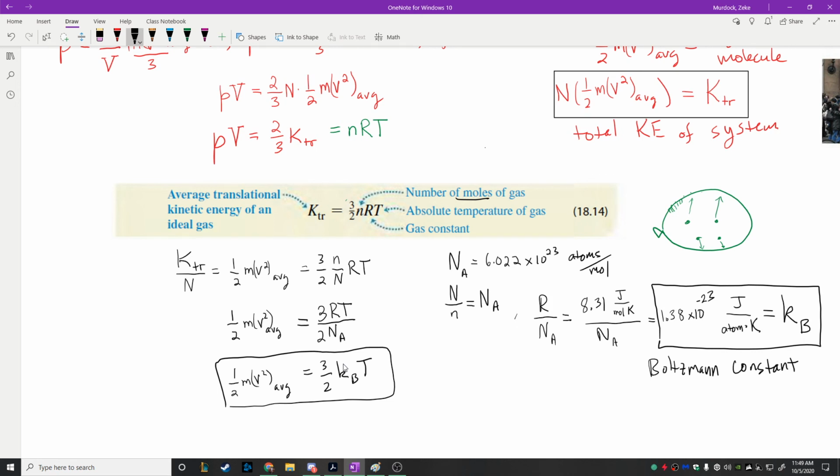And this is a direct connection between just kinetic energy and temperature alone. The previous equation says the same thing for the entire gas, while this says per molecule, but this is the one I always remember. It's just the energy of a single molecule is 3/2 KB times T, on average.